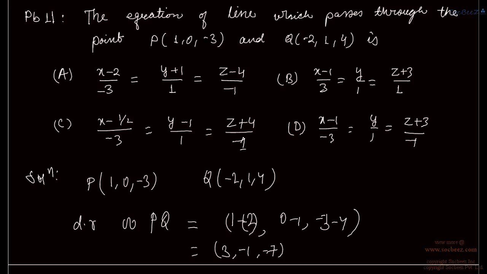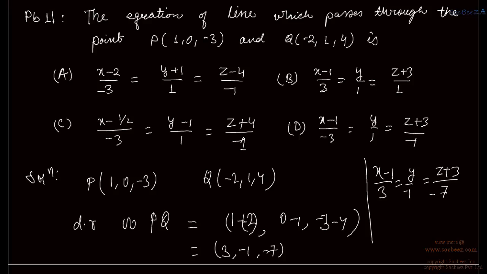So the equation of the line passing through these 2 points can be written as, say if we take point (1, 0, -3), then we will be writing (x minus 1) upon 3 is equal to (y minus 0) upon -1 is equal to (z plus 3) upon -7. Okay.